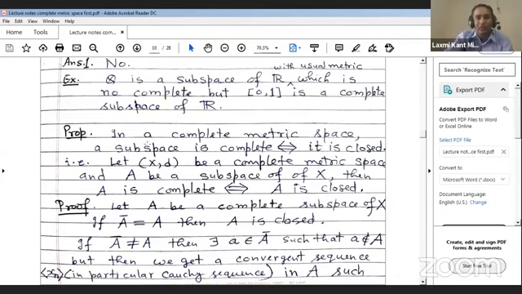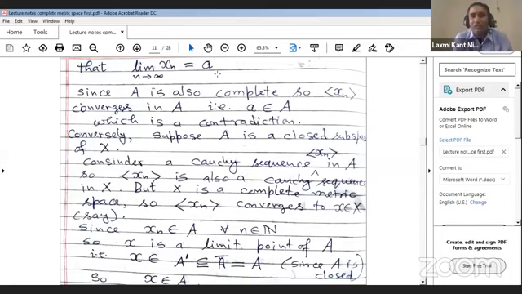Okay, but as we have already considered that A is complete, so this sequence converges in A itself. That means small a is also a member of capital A, which is a contradiction.